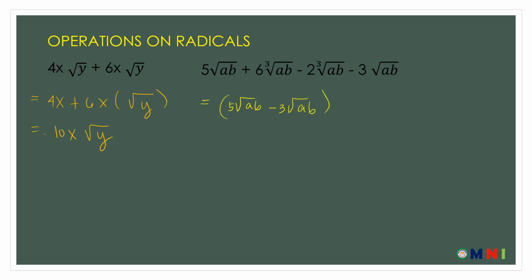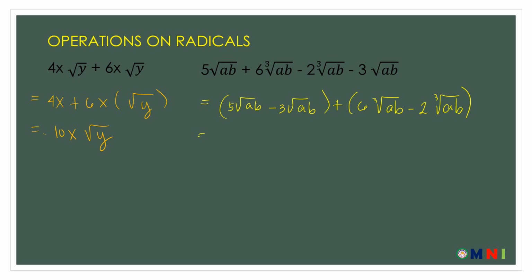We are going to put them as 1, and then the other is 6 cube root of AB minus 2 cube root of AB. You can interchange this position.